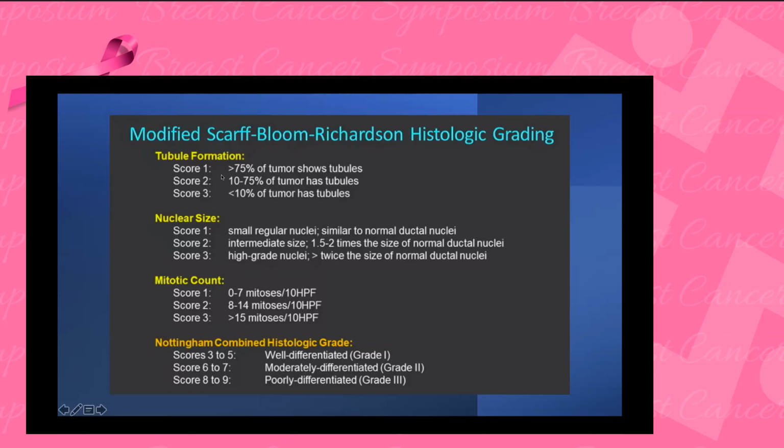And we give it a score. If it's resembling the breast tissue, you'll get a lower score. If it's not resembling, if you've got less than 10% of tumor having tubules, you get a higher score. We also look at the nuclear size, we count our mitoses, and we use the combined score to give you a grading ranging from grade 1 to grade 3.